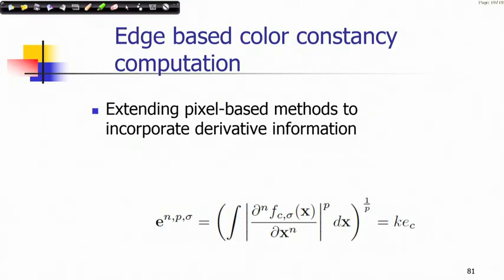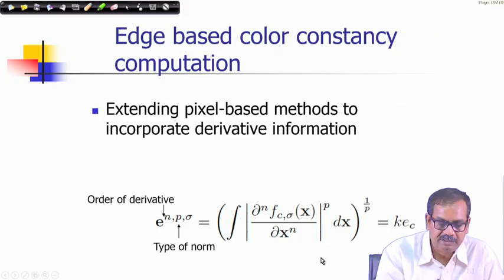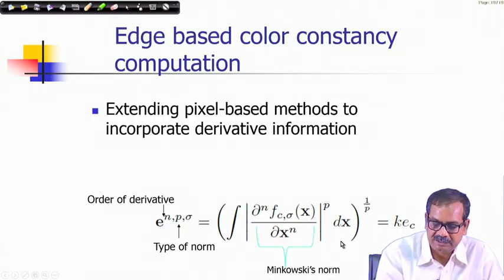You just consider these particular computations, and here you can see that we are considering the nth order derivative of an intensity value which is represented by the function f(x), and c is the channel. n is the order of the derivative, then p is the type of norm. As you can see, this is like an Lp norm, and this is also called the Minkowski norm in the continuous space, and sigma is the scale.